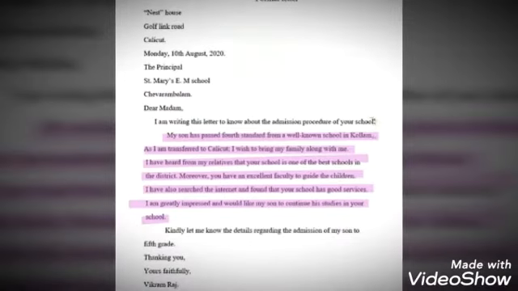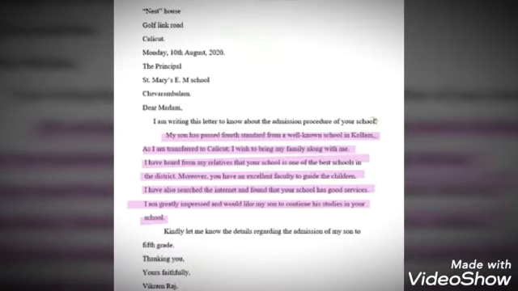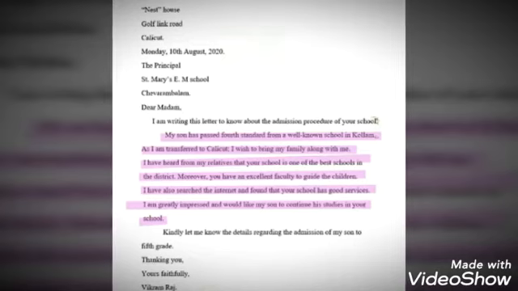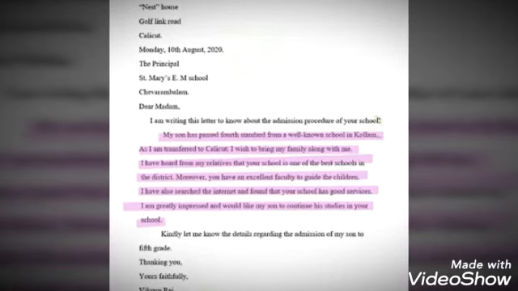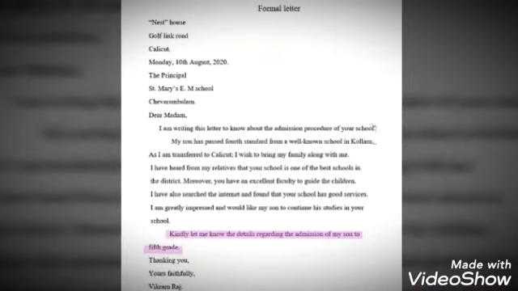The second paragraph is the most important paragraph of a letter, in which you answer in detail the question given. And the third paragraph is the conclusion.